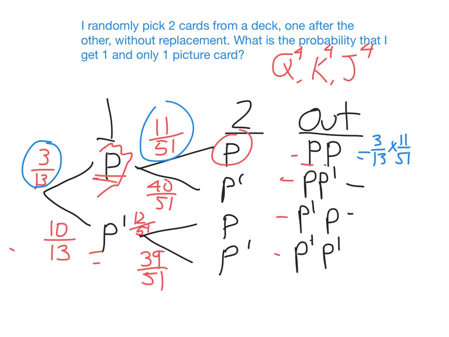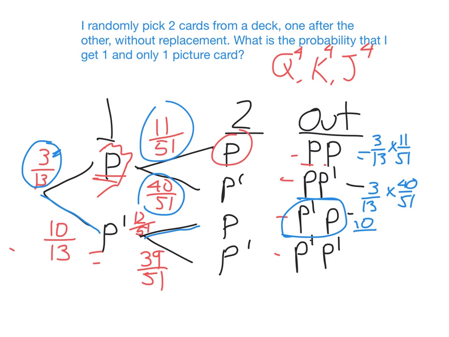Okay? So, this outcome here, to get a picture card and then not a picture card, again, I just times first probability by the second probability. So this would be 3 over 13 times 40 over 51. Okay, and then to find this outcome here, again, I just follow the branches and multiply the probabilities. 10 over 13 times 12 over 51, and same for the last one. 10 over 13 times 39 over 51. Okay?